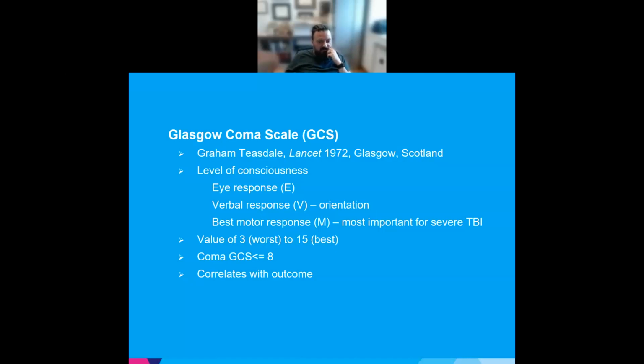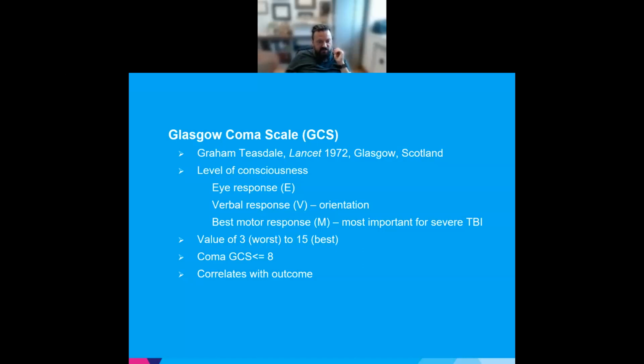While the overall value is important, it's also good practice to report each of the individual components, because a patient with a GCS of 13 or 12 can have different combinations of these. A patient who is widely alert with eyes open but has a poor verbal and poor motor response may mean something different to the chief resident or the attending than the opposite.